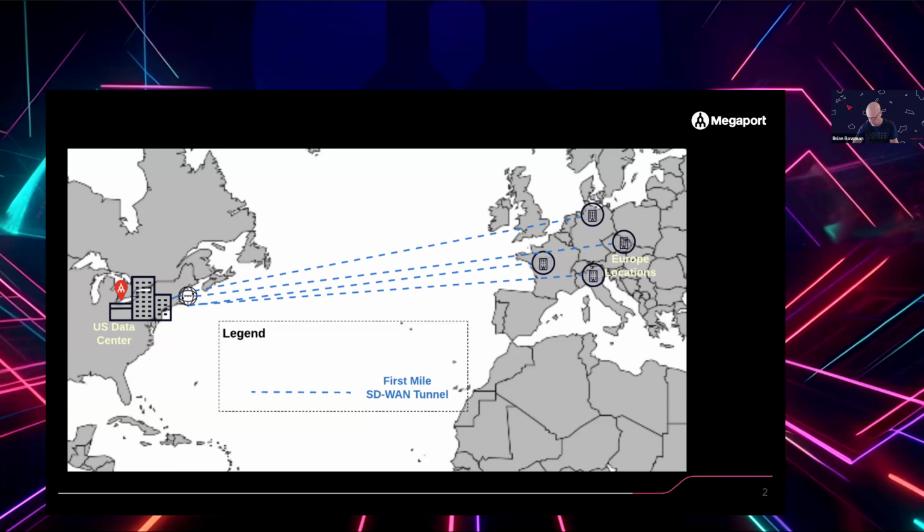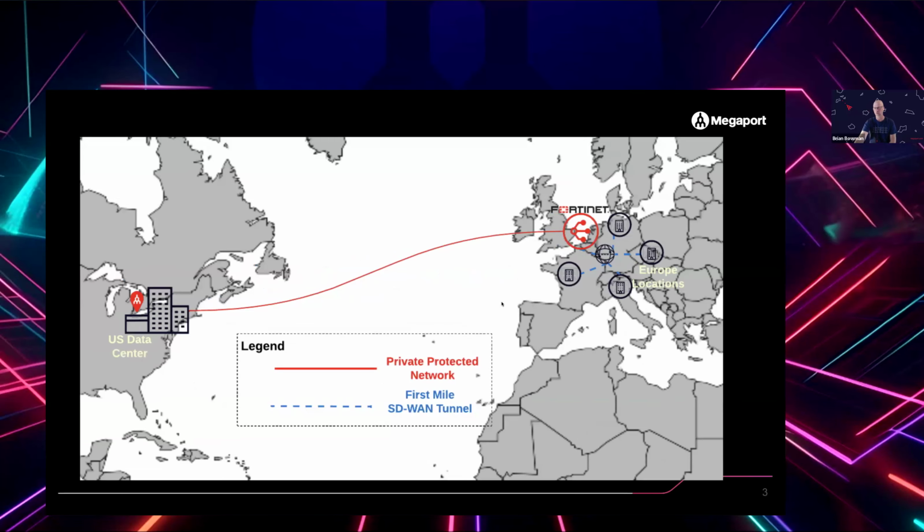What we're going to demo today is this setup. In this case, I put a Fortinet in place, but this really could be any device that Megaport supports. It could be a Cisco router, a Palo Alto firewall, Palo Alto SD-WAN, Silver Peak SD-WAN, something like that.